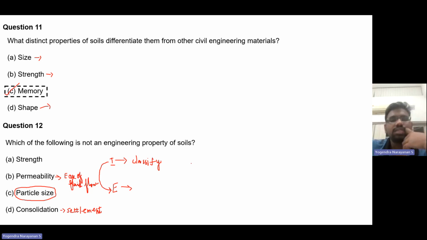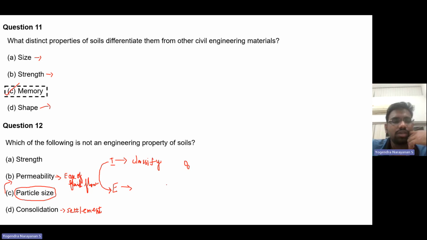So as far as particle size is concerned, particle size governs the amount of voids that will be present in the soil, and that amount of voids will further govern the permeability.